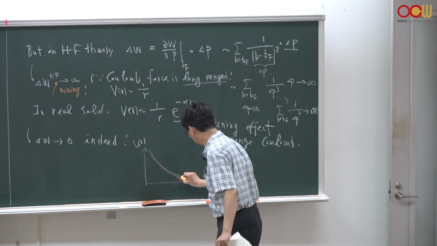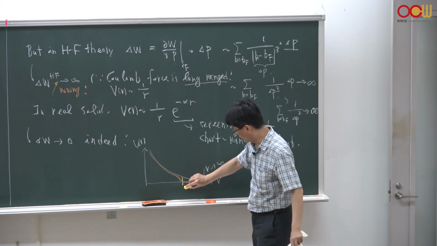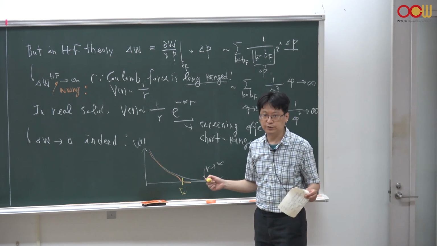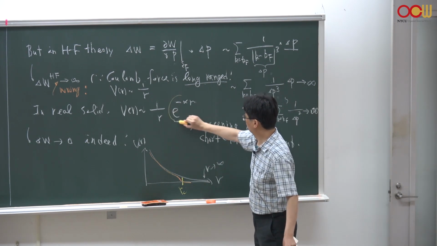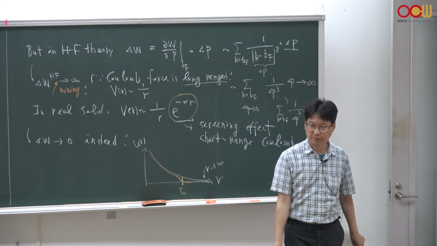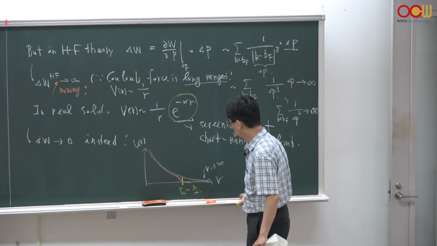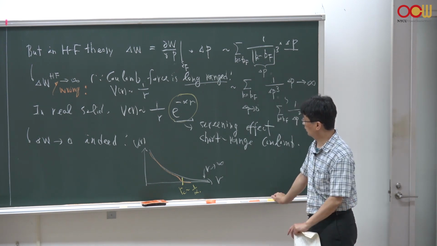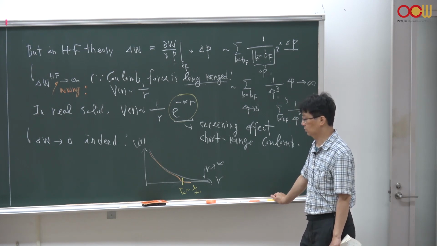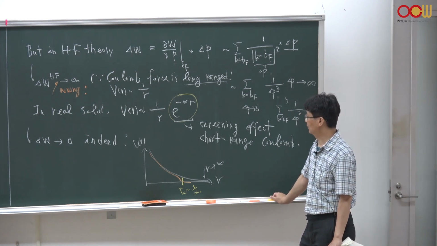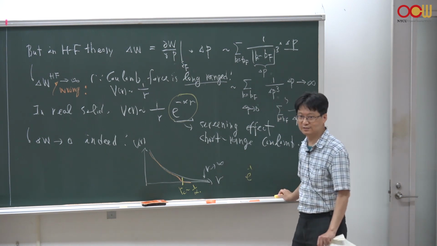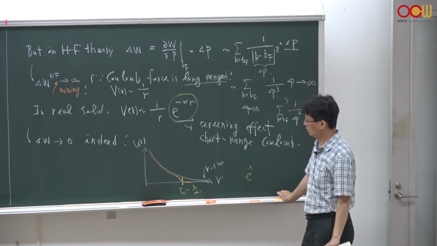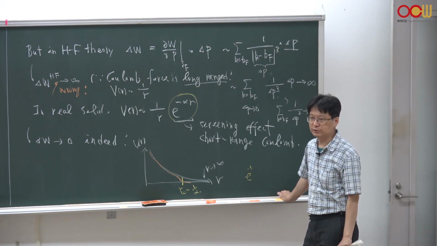When the distance between these two electrons is over some critical distance, then these two electrons feel almost nothing, because the Coulomb potential decays exponentially. So for the distance going over this critical value, say 1 over alpha, this Coulomb potential decays as, say, e to the minus 1. So you can very clearly see that in realistic metals, the Coulomb potential is really screened.